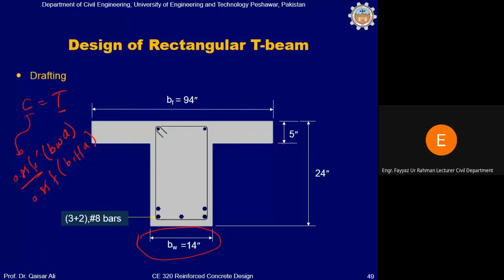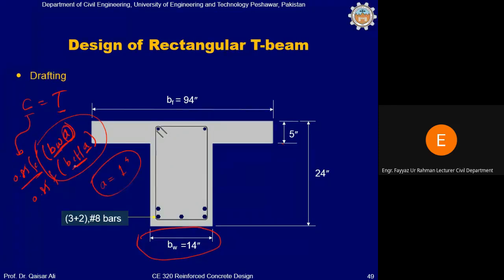So finally this area will remain the same because if we put bw, then the a value will be higher. If we replace this bw with b effective, so what will happen to a? आपने देखा a is coming 1 inch in this case, which is quite low value. तो फाइनल जो आपके पास एरिया, it will remain the same. बात समझ में आ रही कि नहीं?